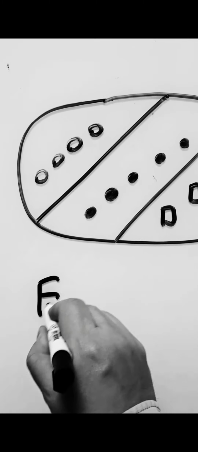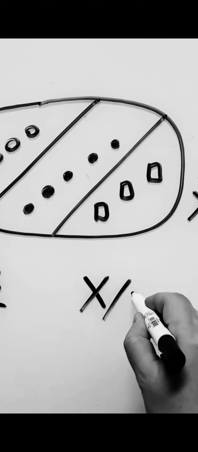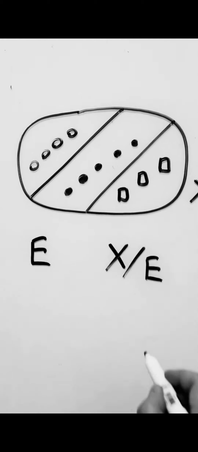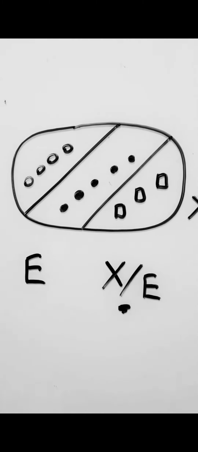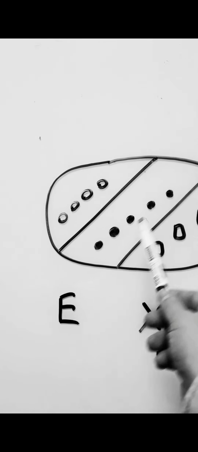If the equivalence relation in this case were E, then the corresponding partition would be written as follows: X over E. The symbol here represents the idea of division. We're dividing X by similarity classes.